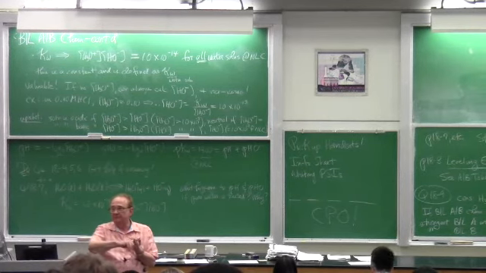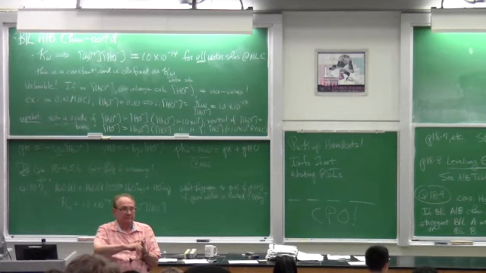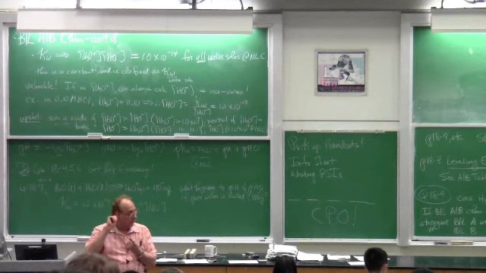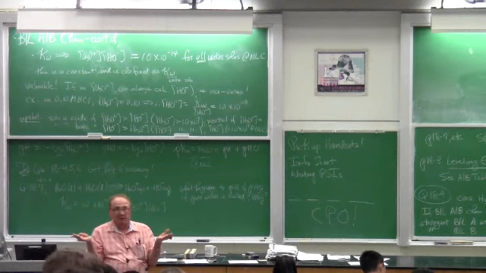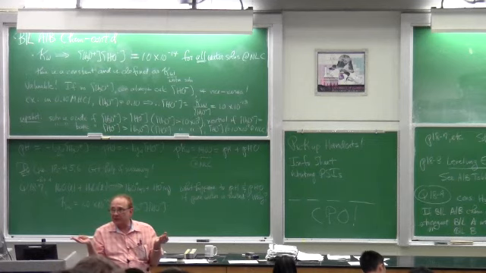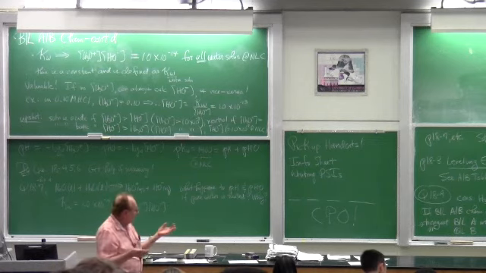Weak base, water, and every base stronger than water but weaker than hydroxide ion. Now you know how to immediately recognize strong acids, weak acids, strong bases, weak bases from the information on this table.